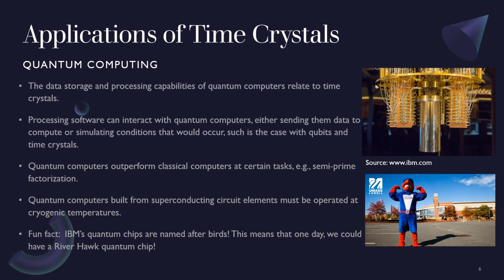Quantum computers outperform classical computers at certain tasks, such as semi-prime factorization, and quantum computers built from superconducting circuit elements must be operated at cryogenic temperatures, so really, really low temperatures. As a bit of a fun fact, quantum chips from IBM are named after birds, so that means one day for UMass Lowell, we could have a Riverhawk quantum chip.